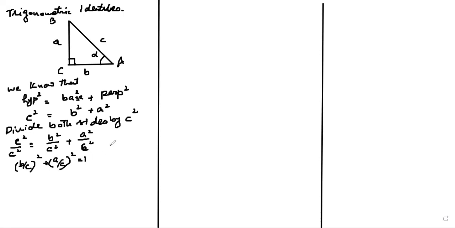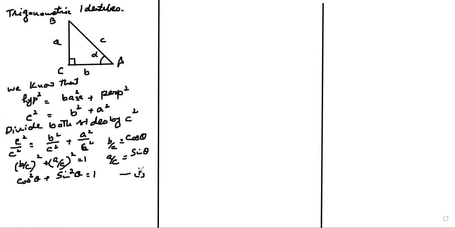And we know that B over C equals cosine theta and A over C equals sine theta. So it means that B over C, the square, is cosine square theta plus A over C square is sine square theta, which equals 1. Just name it 1, this is our first identity.